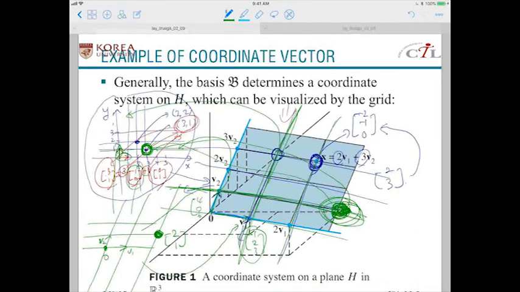It's always a one-to-one mapping, right? And why is it one-to-one? It is because our basis vectors are linearly independent. Linear independence will give only one solution.